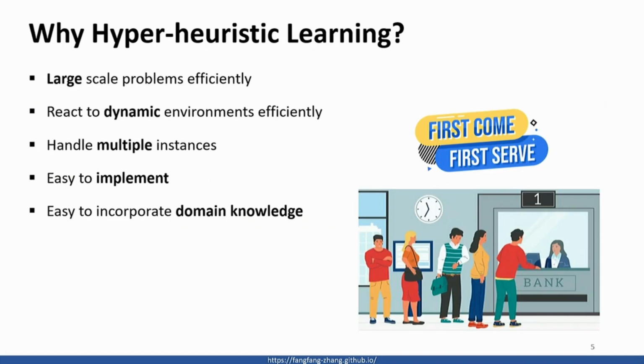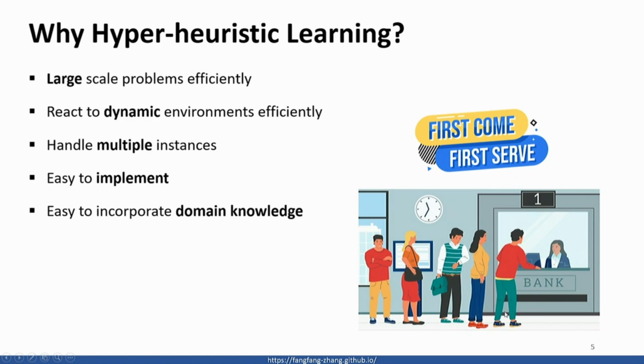There are a lot of benefits that come from using rules. Let's take an example. If you go to the bank, normally it's first come, first serve, right? You're just waiting here. With priority rules, you don't need to consider how many people are waiting. You just go by the rules, first come, first serve, and you can always have a good solution. And it can react to a dynamic environment efficiently.